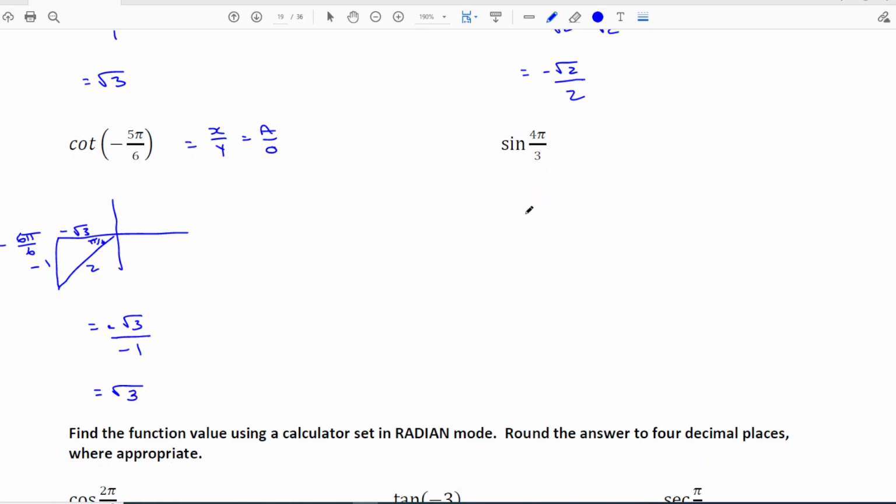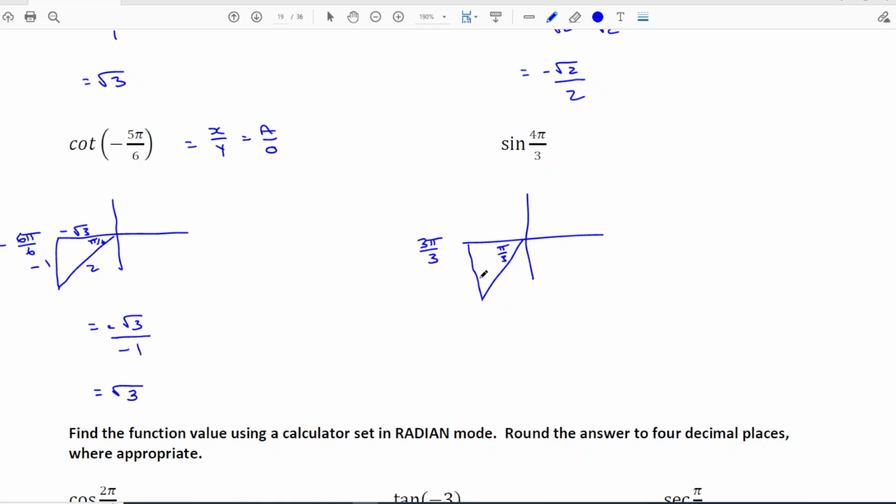All right, lastly, sine of 4 pi by 3. I'm reading counterclockwise again. So this one, my reference angle is going to be pi by 3. So I'm going to make my pi into 3 pi by 3. And then 4 pi by 3 is more. So it's going to be 1 pi by 3 more than 3 pi by 3.